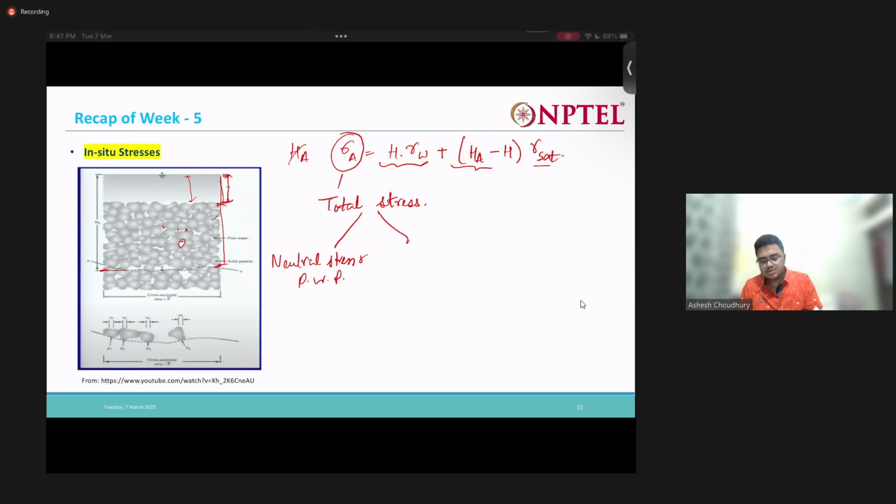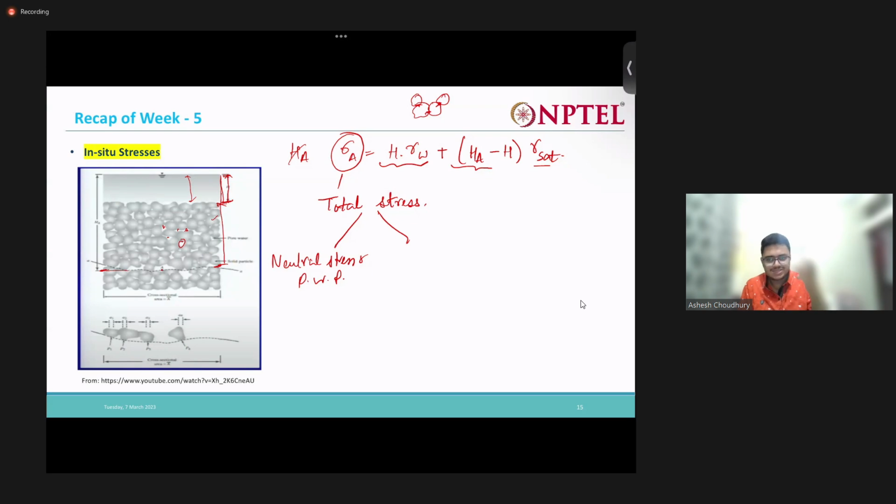Okay, so the grains are in contact with each other, right? So due to these contacts, the load will be transferred from grain to grain. So due to this grain to grain contact, the grains will actually be taking some of the stress.